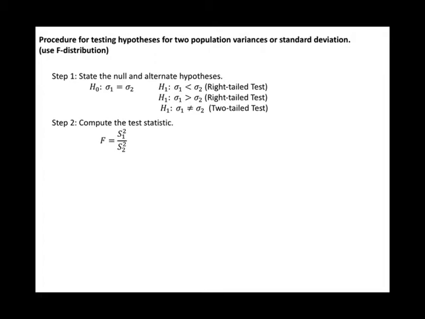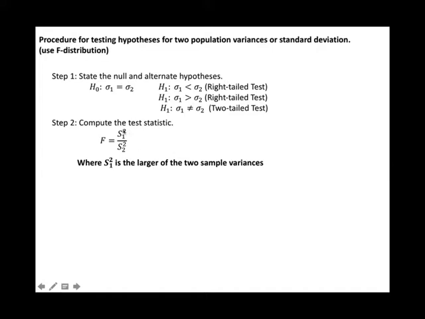And this is the formula for the test statistic. F equals the sample variance of population 1 over the sample variance of population 2. And I remind you again, population 1 has to be the larger of the two sample variances.